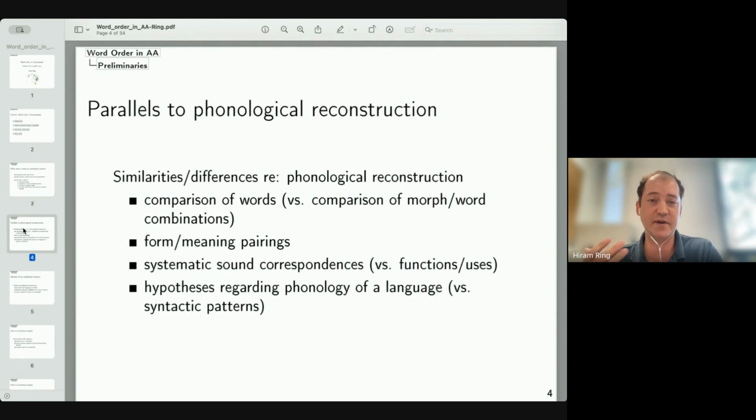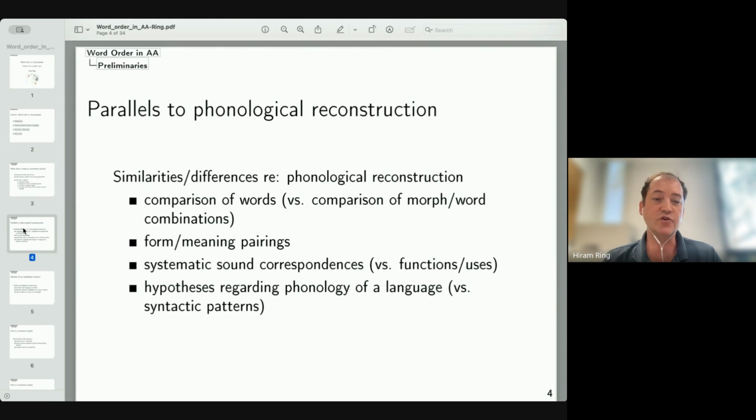Now, when I'm talking about syntactic reconstruction, there are certain parallels to phonological reconstruction. When we're doing phonological reconstruction, we're comparing words. In syntax, we're comparing morphemes and word combinations. In both cases, we're looking at form-meaning pairings. And it's mainly that the scope of investigation is a bit broader with syntactic reconstruction, which adds a bit more complexity.